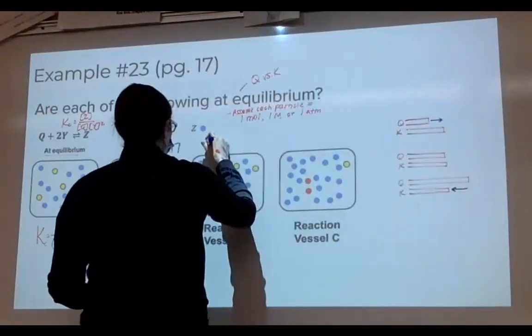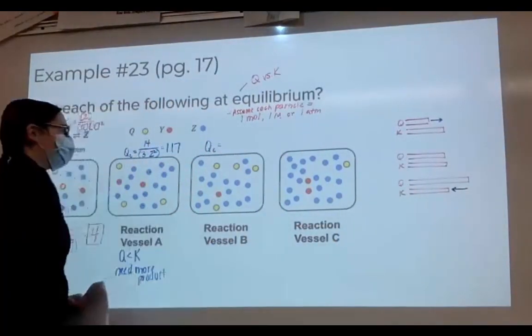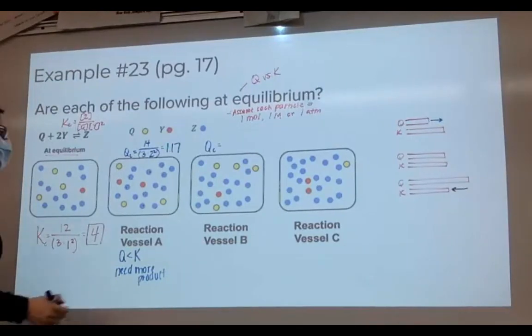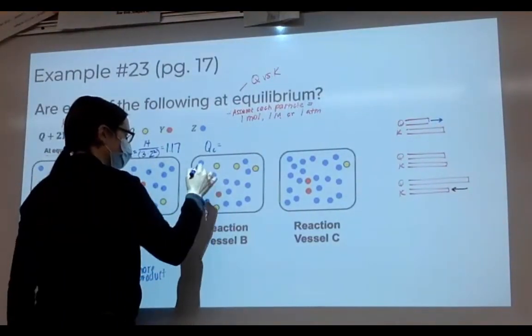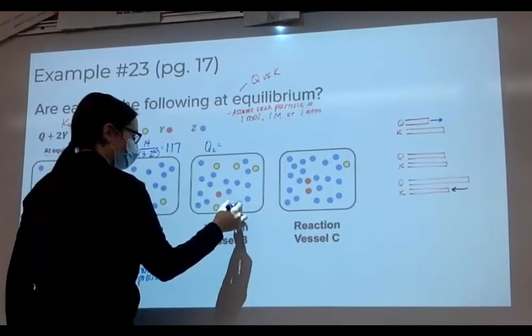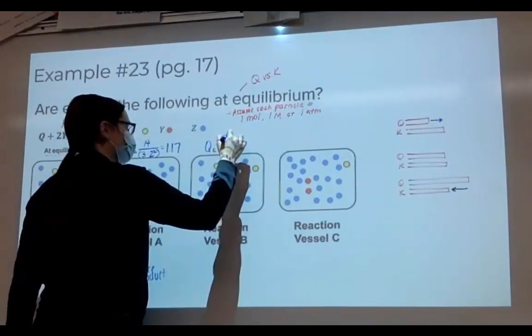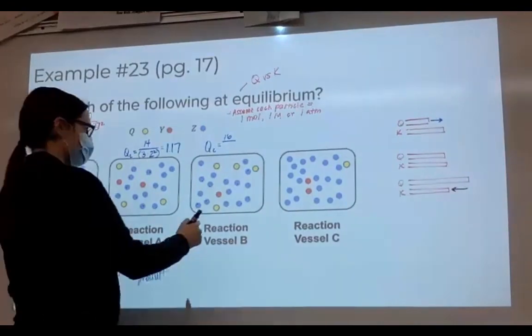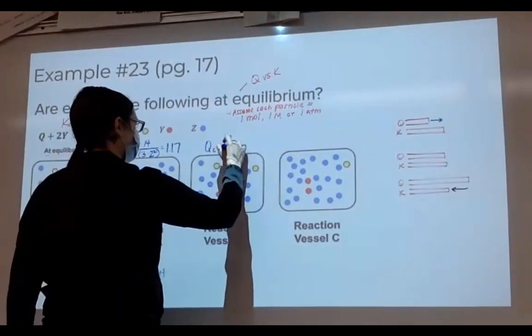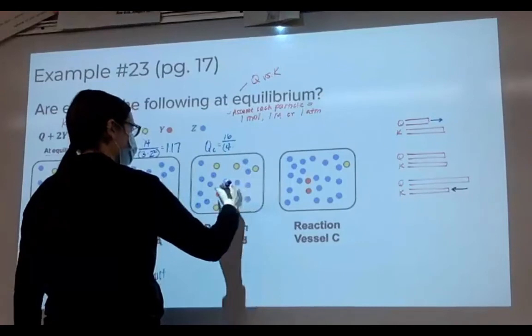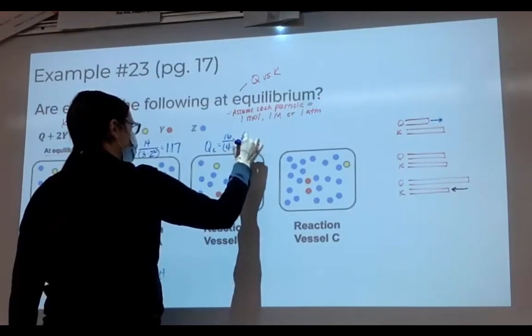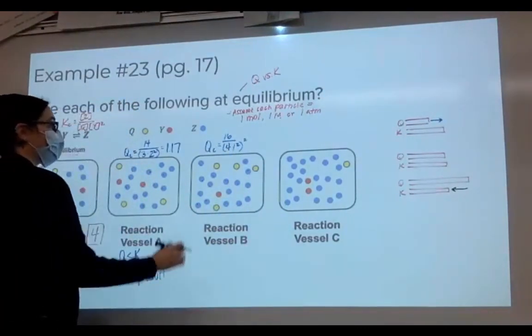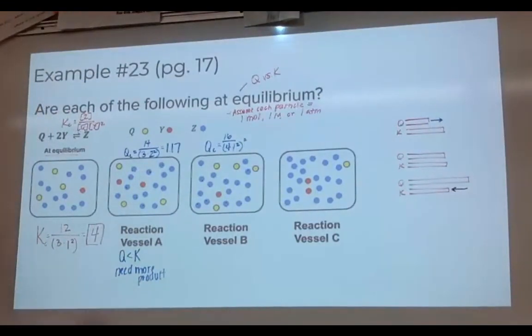Vessel B. Calculate Q. So 16 particles of Z. 1, 2, 3, 4 particles of Y. 4 Q's and 1 Y. Y is squared.